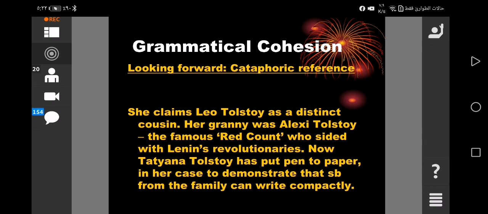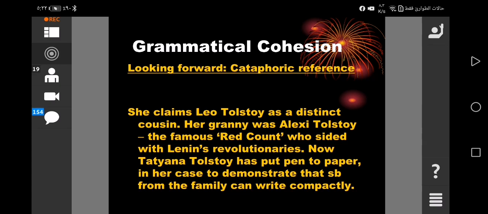She has to be very mindful, very careful, so that she will not misconnect she with another person. We also have Leo Tolstoy, Alexei Tolstoy, Lenin, right? All these people, but still she refers to Tatiana. Why?